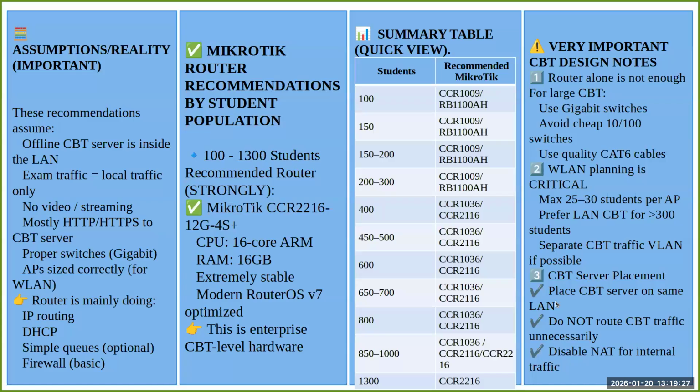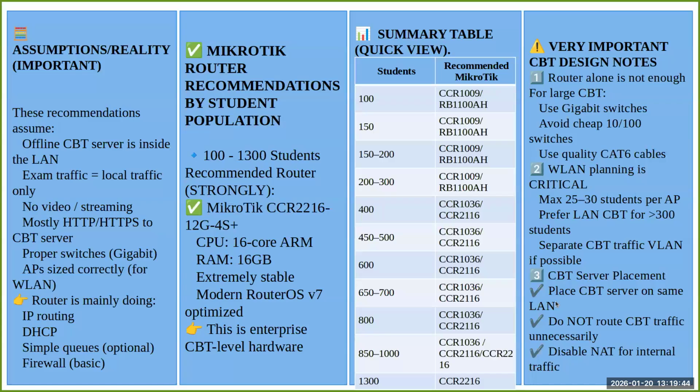And the technology is ARM. It has 16 cores, 16 processor cores running on it, and it comes with a minimum of 16 gig RAM. In fact, they call it an ISP-level router.